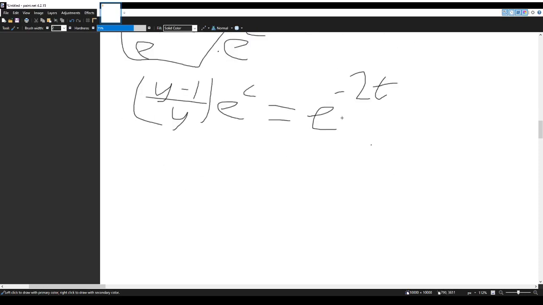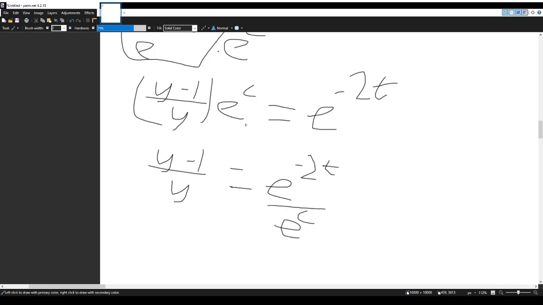And so now let's get the y stuff by itself. So let's divide by e to the c. So that will be (y minus 1) over y equals e to the negative 2t. So I could say divided by e to the c, but again, properties of exponents, doing that would be the same as just subtracting c from this exponent.